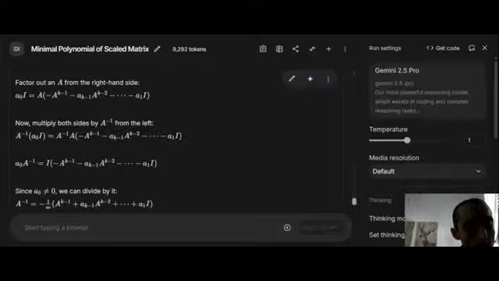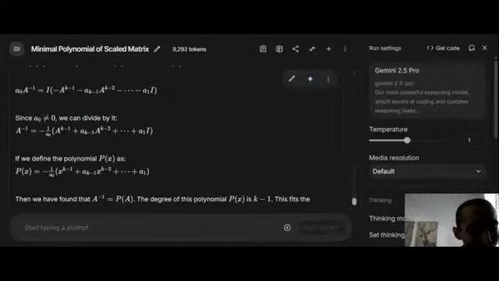I want to get a formula for the inverse, A minus 1. So take a0 to the other side, and you get this, and here we are.